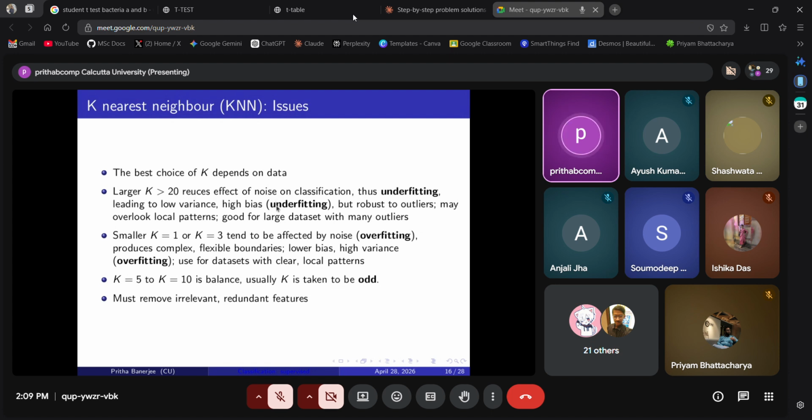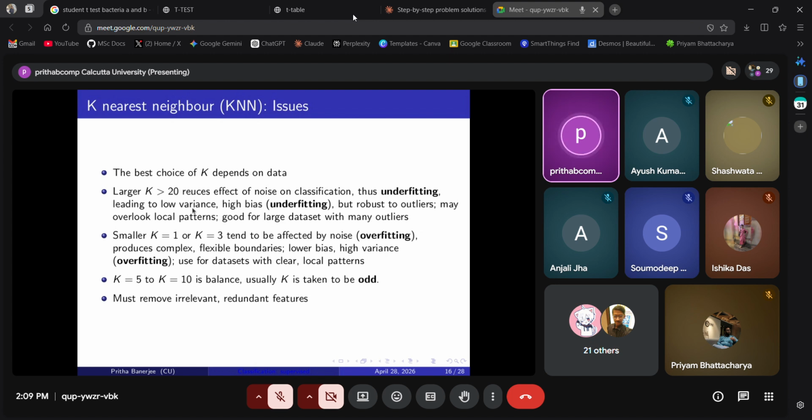As a result, what might happen is that it might underfit. It may not fit properly. Underfitting would always mean there is high bias and low variance. We have studied earlier that bias and variance are kind of contradictory most of the time.